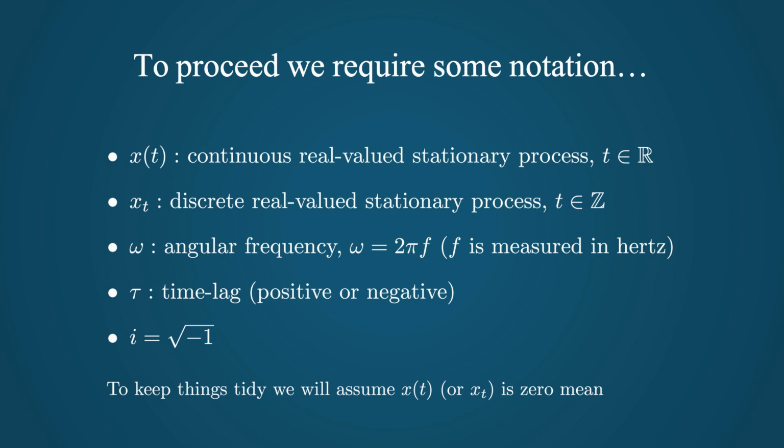Tau is a time lag, measured in seconds, and i, not j like engineers sometimes use, is the imaginary unit. Okay? And just to keep things simple in this talk, we're going to assume X is zero mean.